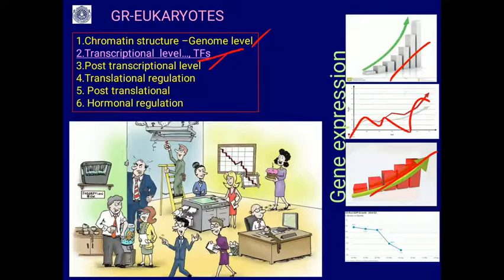So similarly, each gene expression is controlled by so many factors. If these factors contribute in unison, then you may see the production of the protein will be like this. If it is not in that pace, then you will see it like this.